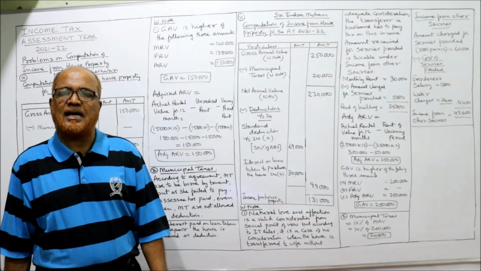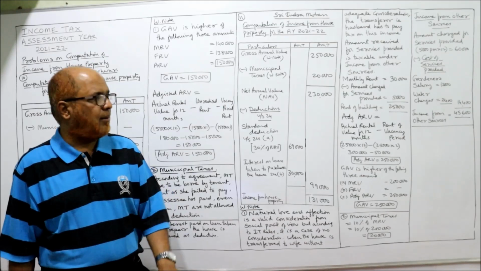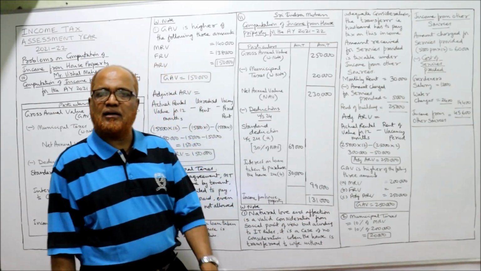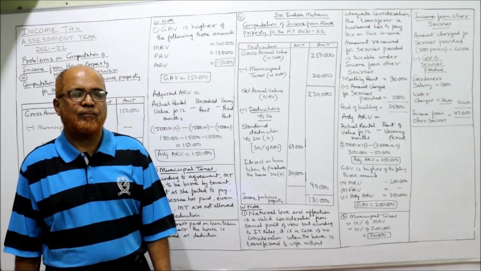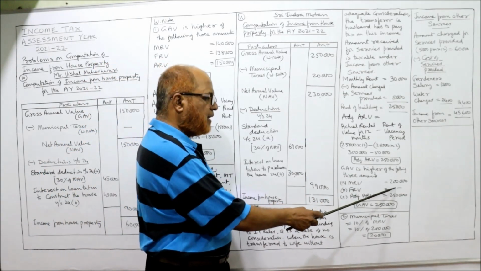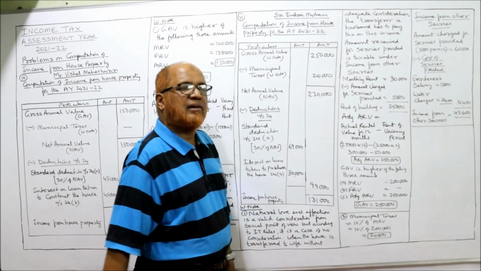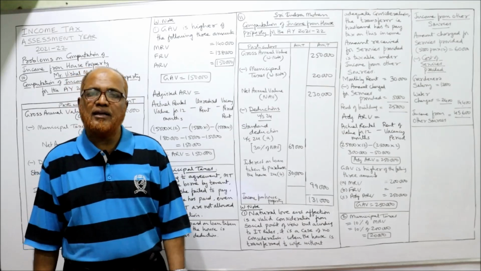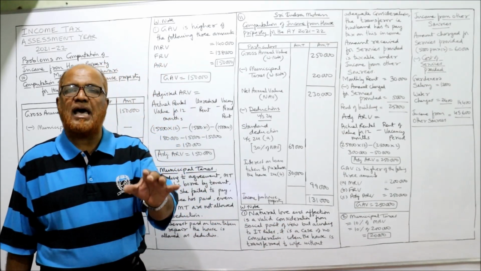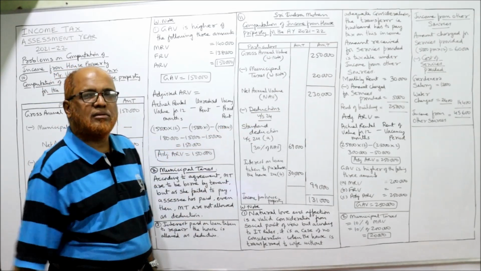Now we compare this adjusted ARV with FRV and MRV. GAV is the higher of the following. MRV is 2 lakh, given in the problem, municipal rental value. Fair rental value is not given in the problem, put a dash. Then adjusted ARV is 2,50,000. The higher of these three is 2,50,000. The gross annual value we got is 2,50,000.